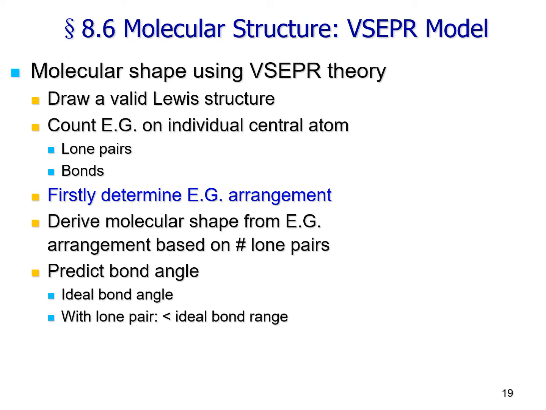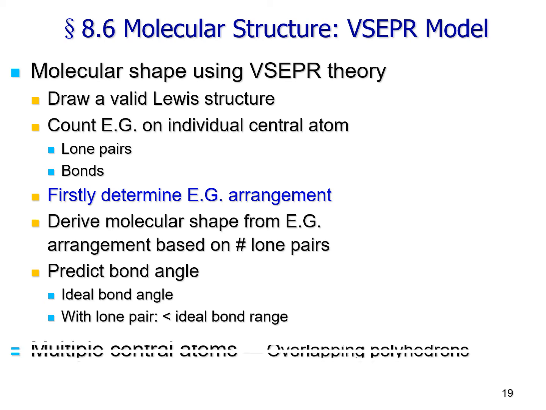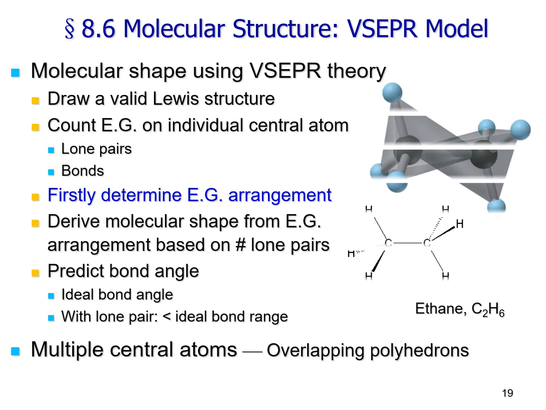And we can also predict the bond angle if it's symmetric, so we have an ideal bond angle. For not so symmetric, because of the presence of a lone pair, the bond angle must be less than the ideal bond angle. And of course, if we have multiple central atoms, usually we get overlapping polyhedrons like ethane.